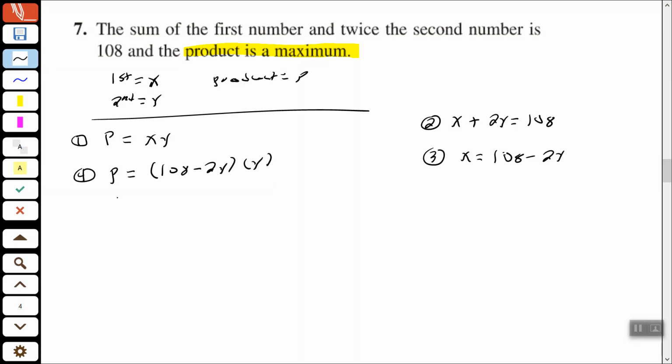And let's use the distributive property here to clear those parentheses. So 108 minus y times y minus 2y to the second power. Okay, let's find our first derivative.